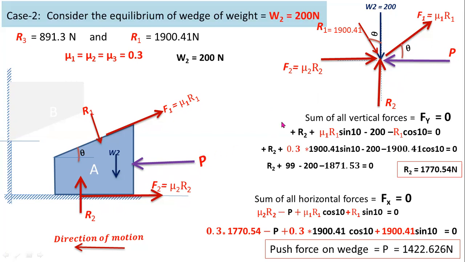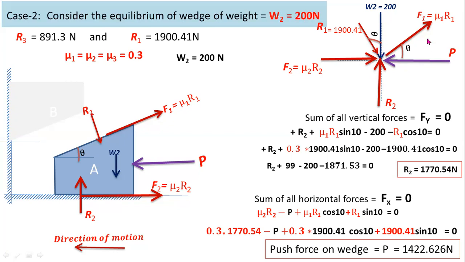First of all, you have to resolve all vertical forces along the y-axis. So these are the vertical forces. For upward action, you have to consider positive sign. For downward action, you have to consider minus sign. So R2 minus 200.